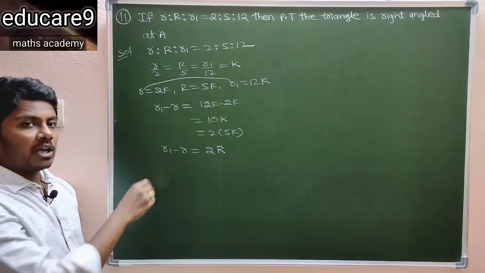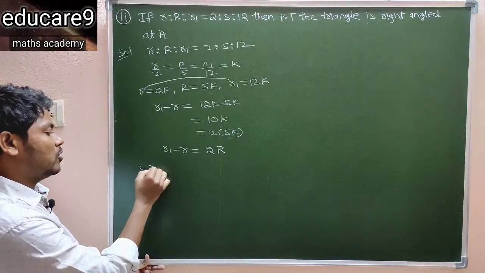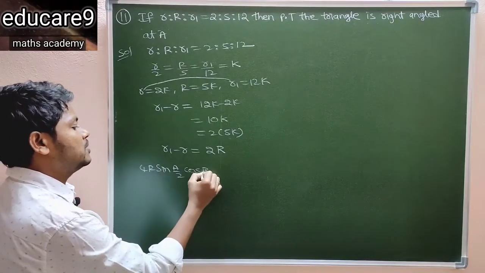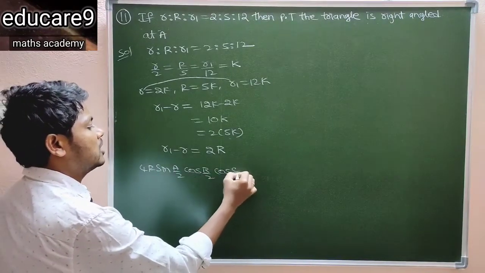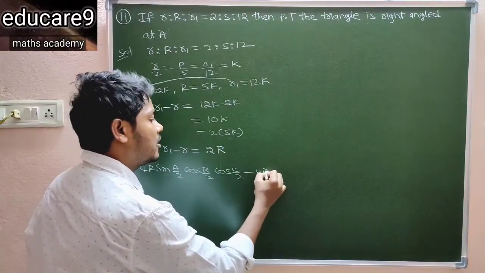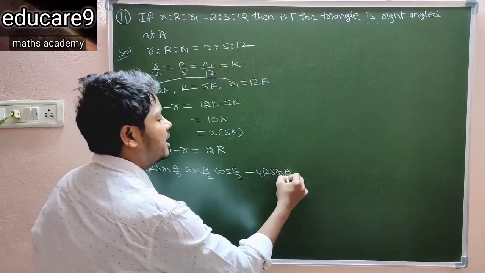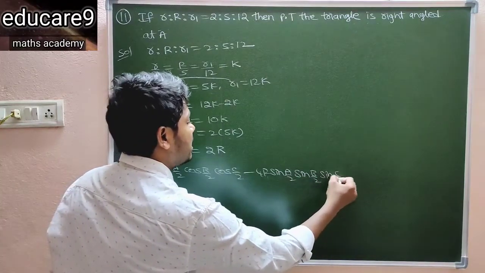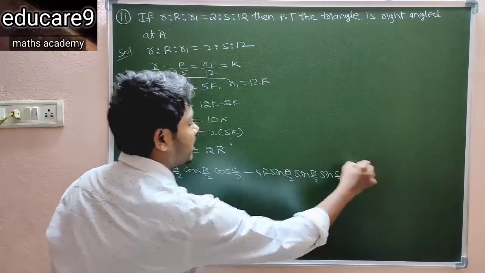Now, you know that small r1 form, that is 4r sin A by 2 cos B by 2 cos C by 2. And small r form, all terms are sine. 4r sin A by 2 sin B by 2 sin C by 2 is equals to 2r.